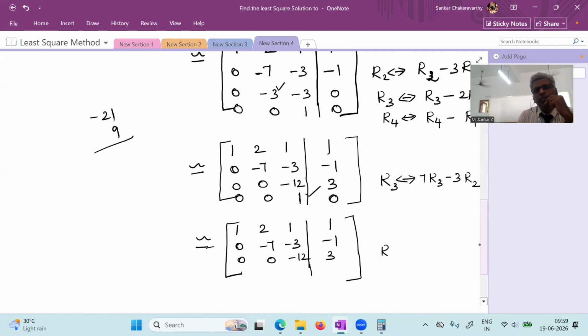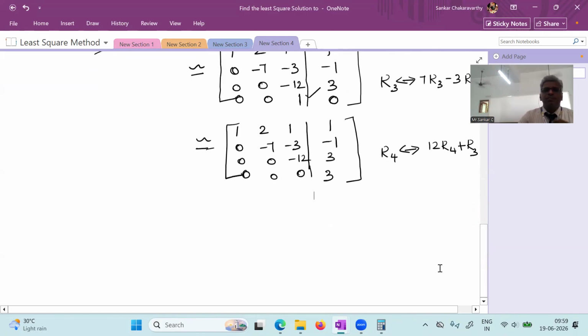For that, row 4 should be replaced by 12 into row 4 plus row 3. Therefore 0, 0, 0, and 12 into row 3 gives 3. Now you take the last row.